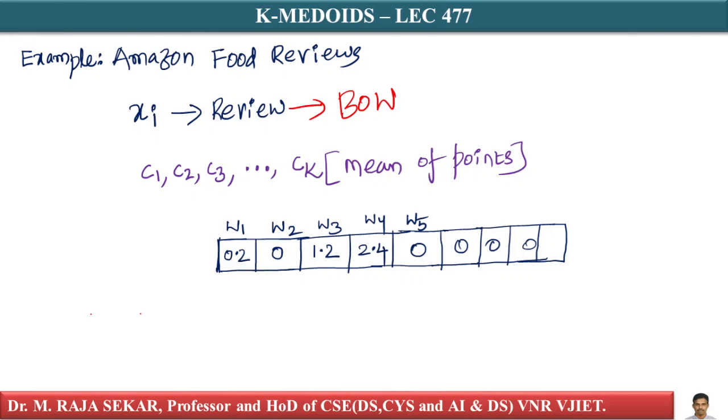If you look at C1 from a bag of words perspective, I have some words with 0.2, some words which are 0, some words which are 1.2, some words which are 2.4, lots of words which are just zeros, isn't it? In BOW representation, each of these features represents a word W1, W2, W3, W4, so on.